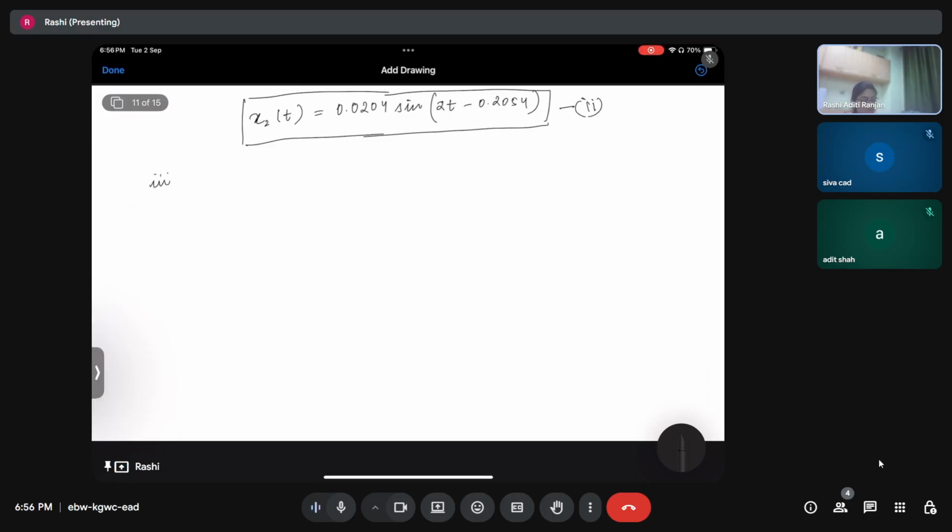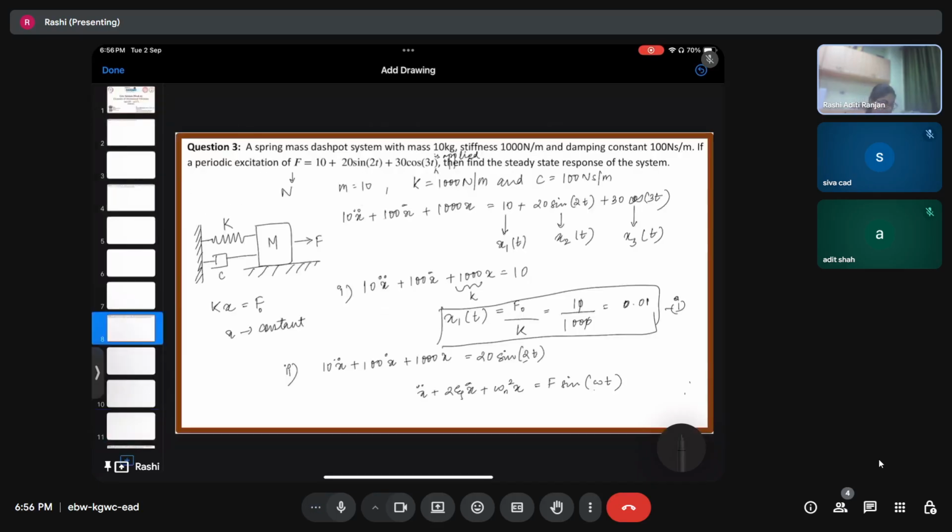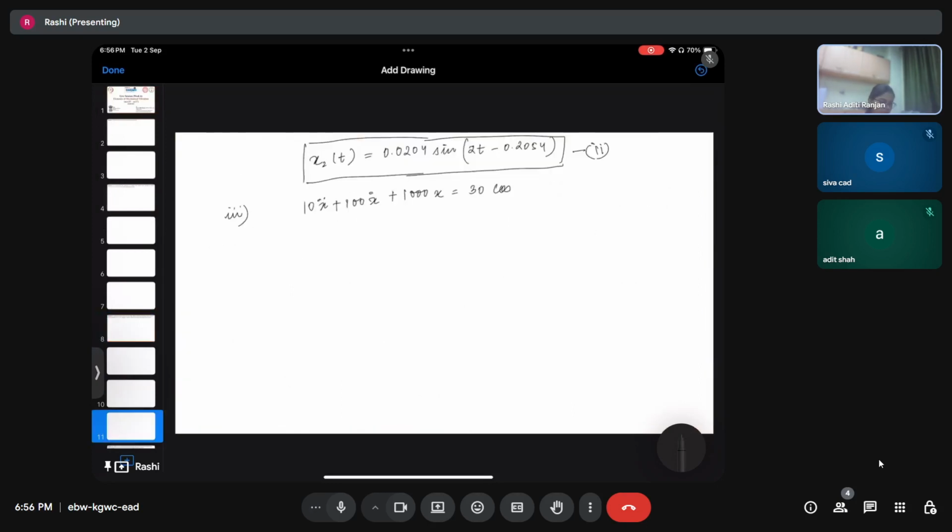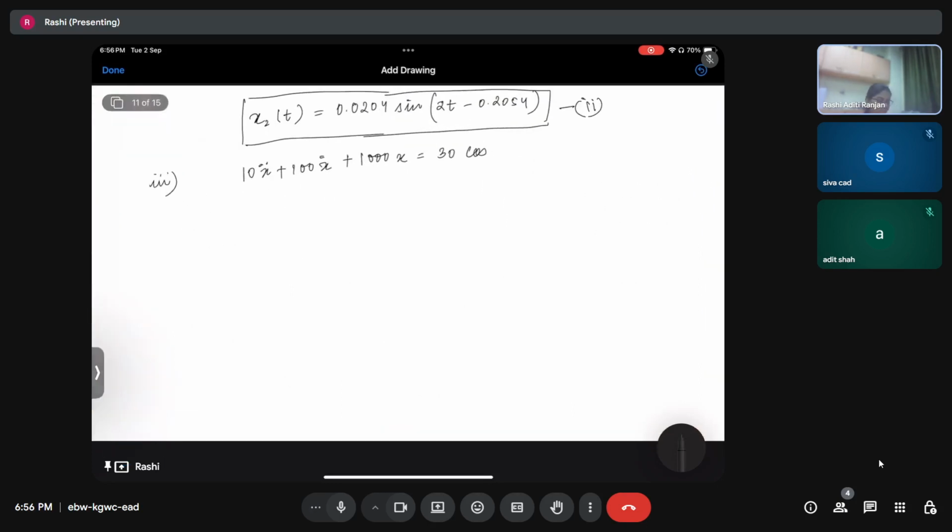Now in the third part we have 10 x double dot plus 100 x dot plus 1000 x is equal to 30 cos of 3t.